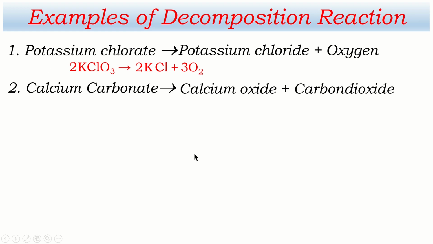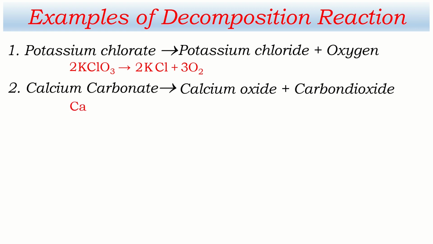For example, when zinc carbonate is heated, it will decompose to zinc oxide and carbon dioxide. In the same way, when magnesium carbonate is heated, it will decompose to magnesium oxide and carbon dioxide. Whatever the carbonate, I mean any metallic carbonate, when it decomposes, normally it forms metallic oxide and carbon dioxide. So let's write the balanced chemical equation of the same.